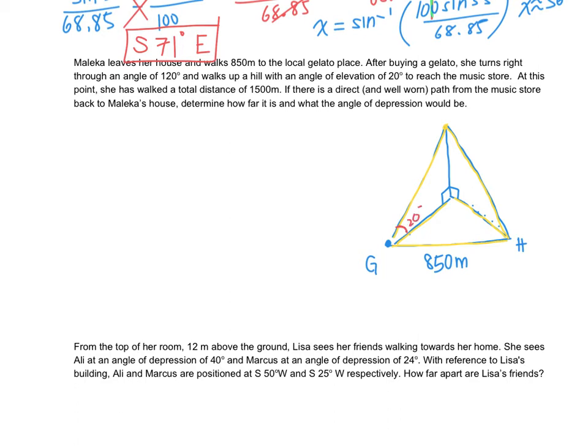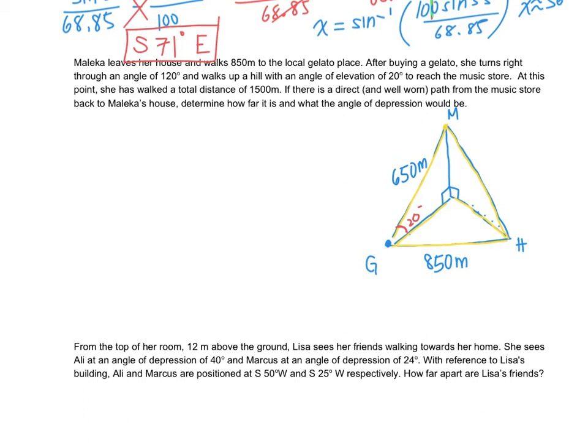And they also tell us that once she reaches the music store, so M for music store, she has traveled a total of 1,500 meters. So she's already traveled 850 to the gelato store, which means 1,500 subtract 850, that's 650 meters from the gelato store to the music store.